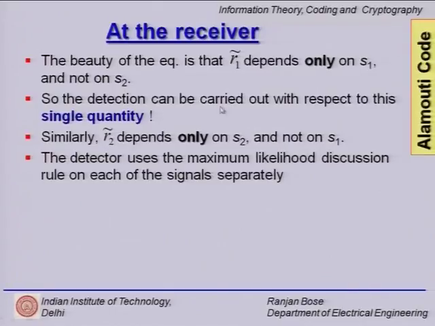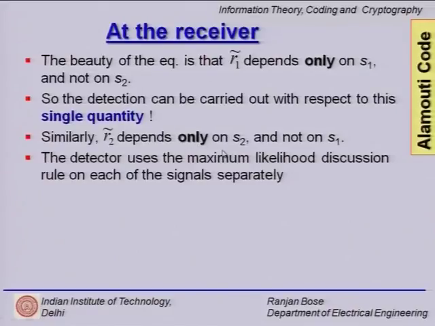So, the detection can be carried out only with respect to the single quantity. When I am going to search and find out which is the most likely symbol transmitted, I only search over the possible points in the constellation diagram for S1. Similarly, for S2, I search only for S2.